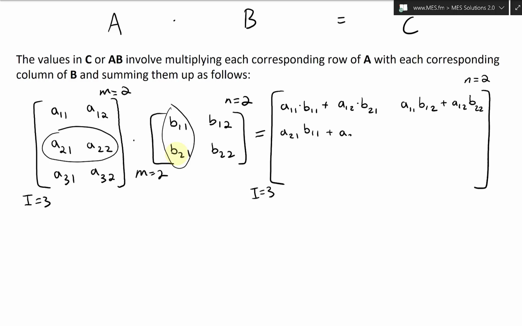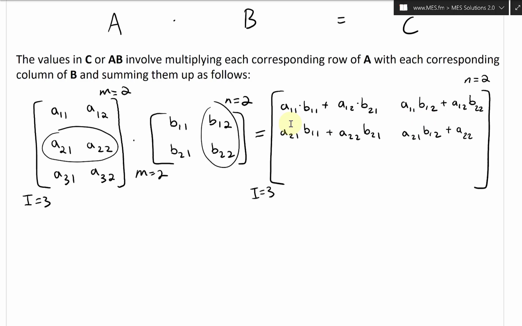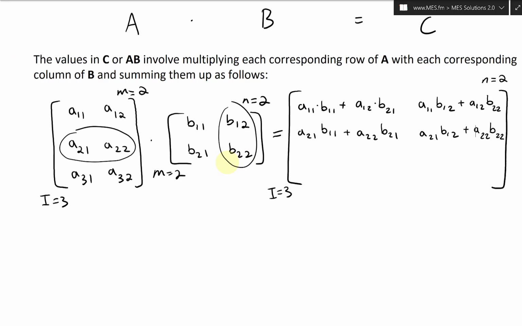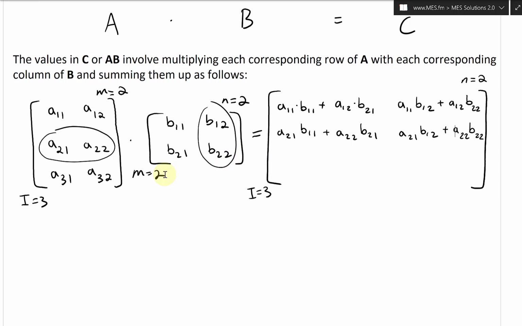So plus A22 and then B21, like that. And then the next right here, now we remove this, and now we're going to multiply by this side. This one stays the same because it's the same row. And this is going to be A21, B12, and these ones are always the same, plus A22, then B22.